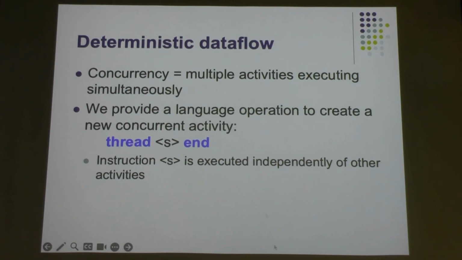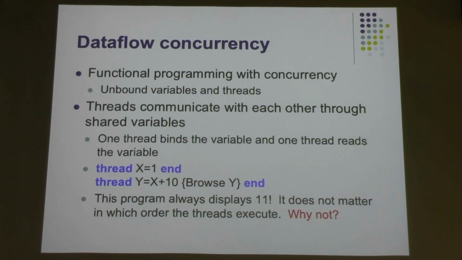So the language has a new operation, a new concept called a thread, which creates a new activity, which is executing independently of the other activities. And most programming languages have a concept like threads. What we saw now is how you do this with functional programming.